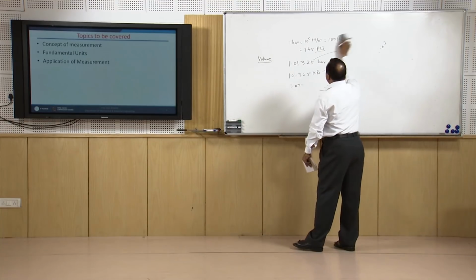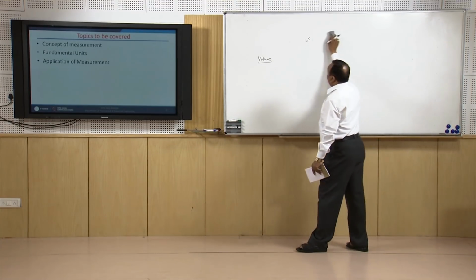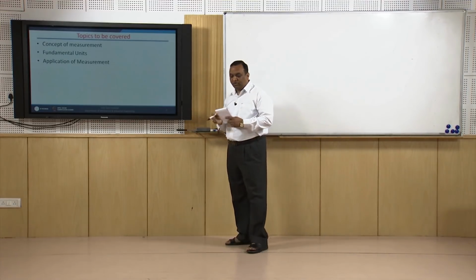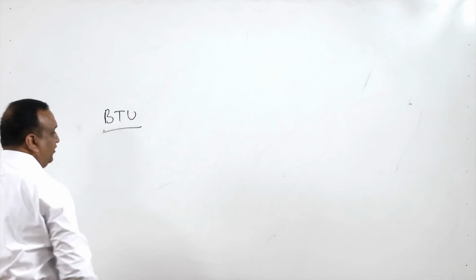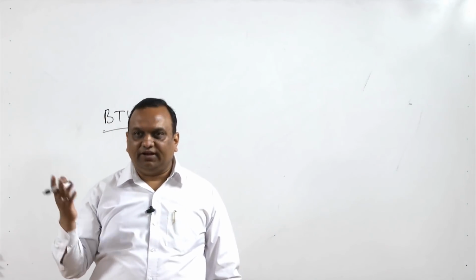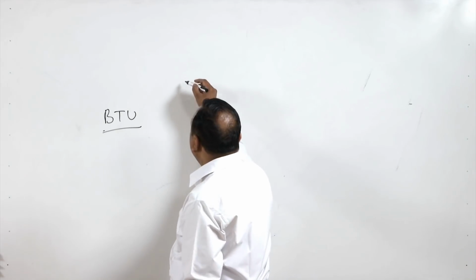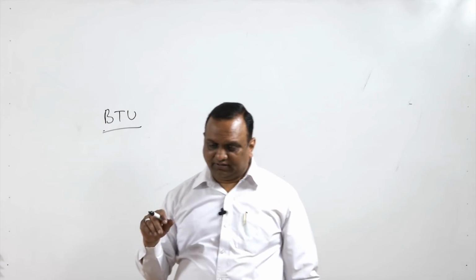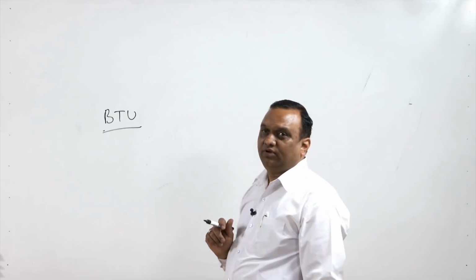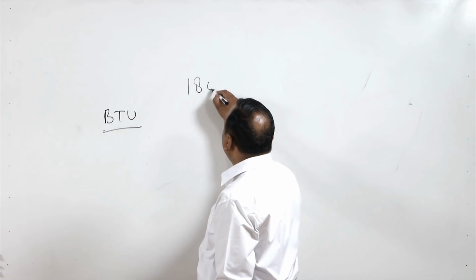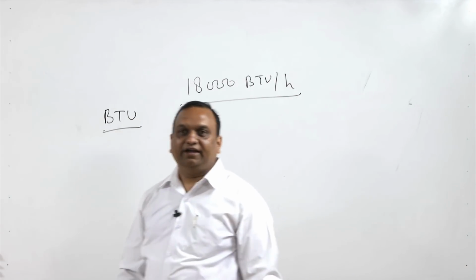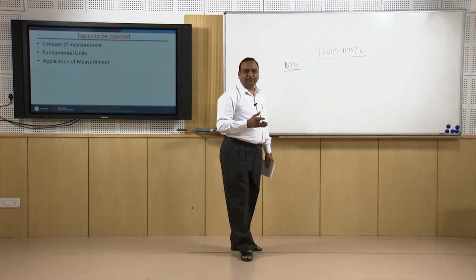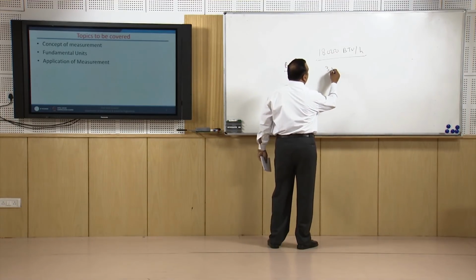There is another unit for heat or heat transfer, that is British thermal unit. When you go out to purchase your air conditioner, let us say, 1.5 ton air conditioner, they don't write normally in the data sheet 1.5 ton, they write 18,000 BTU per hour. 18,000 BTU per hour is 1.5 tons of cooling or 3.5 kilowatt of heat transfer.